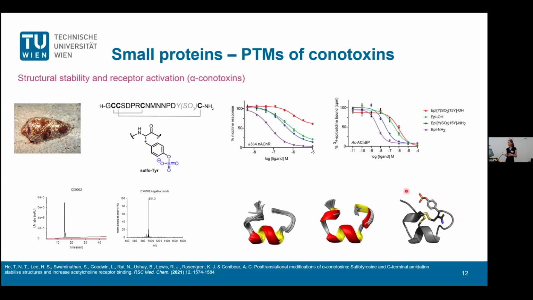So I show this just as an example that these small conotoxins, small peptides, can actually be great model systems for investigating these post-translational modifications, because they're small enough and easy enough to synthesize, and we can relatively easily get NMR data on them at natural isotope abundance. And we now have tools to handle the post-translational modifications and include them in structure calculations.